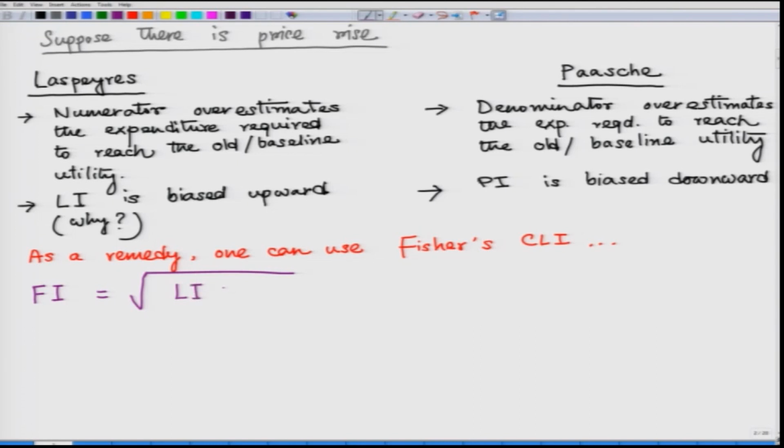Sorry, the geometric mean of Laspeyres cost of living index and Paasche cost of living index.